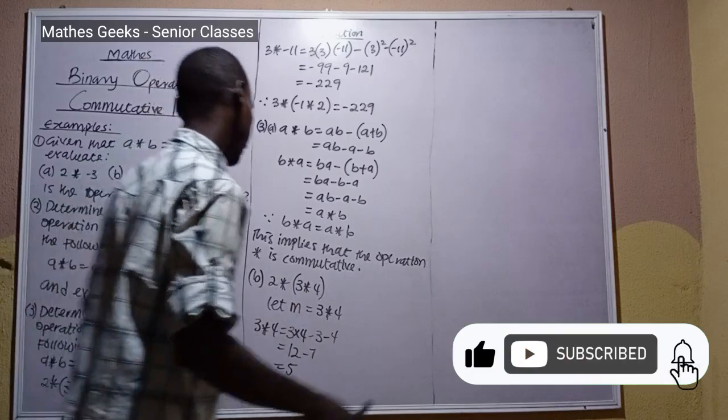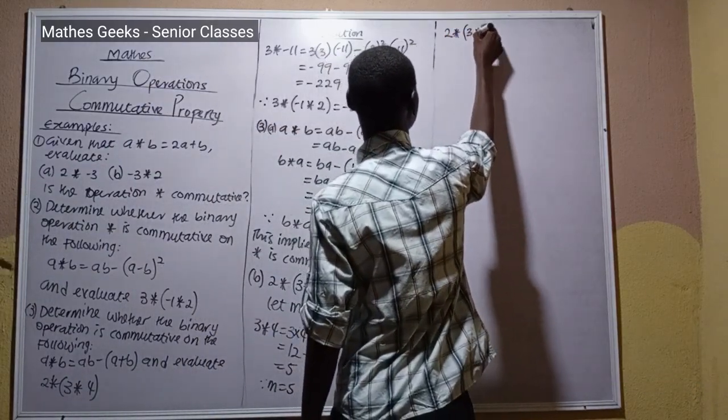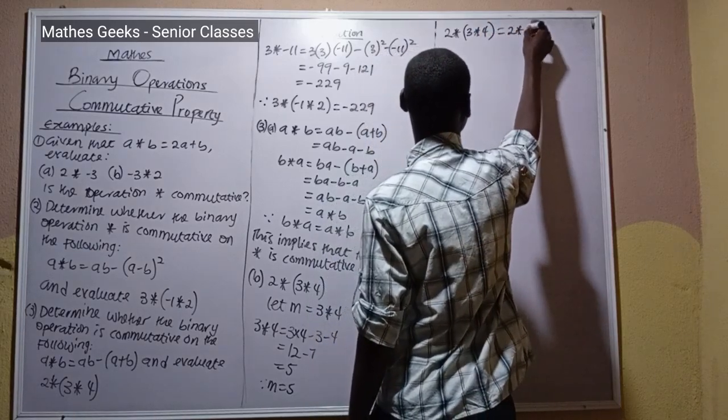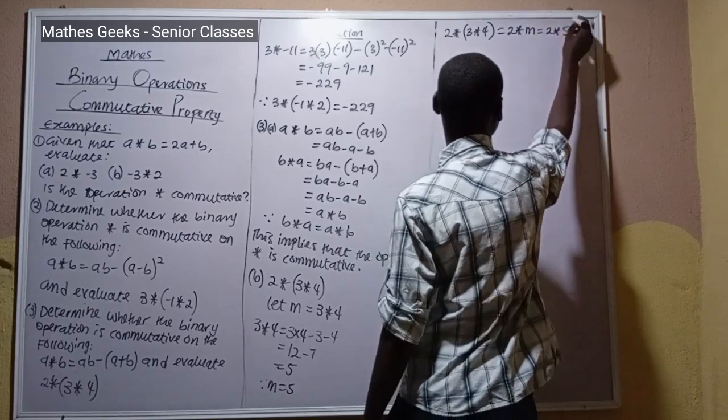So let's rewrite this. 2 star 3 star 4 is equal to 2 star N, where N is equal to 5.